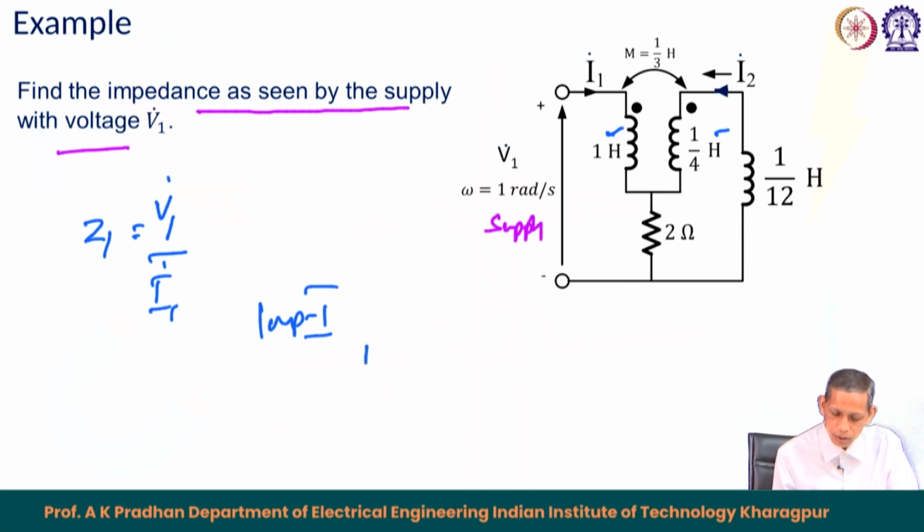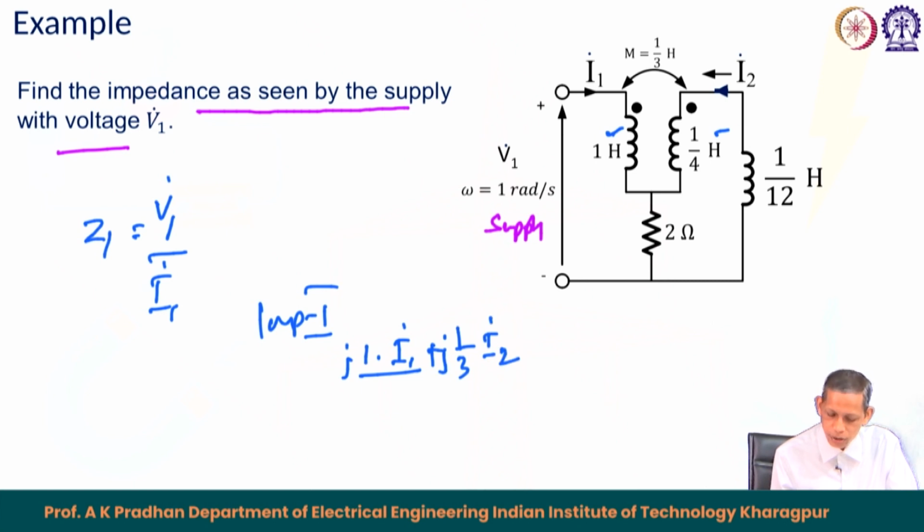So, this will be J1 into I1, this is the self part, and for the mutual part, current I1 is entering the dotted terminal, and I2 is also entering the dotted terminal, so this will be plus. The mutual is 1 by 3, so this will be J1 by 3, and then the corresponding I2, I2 dot here.